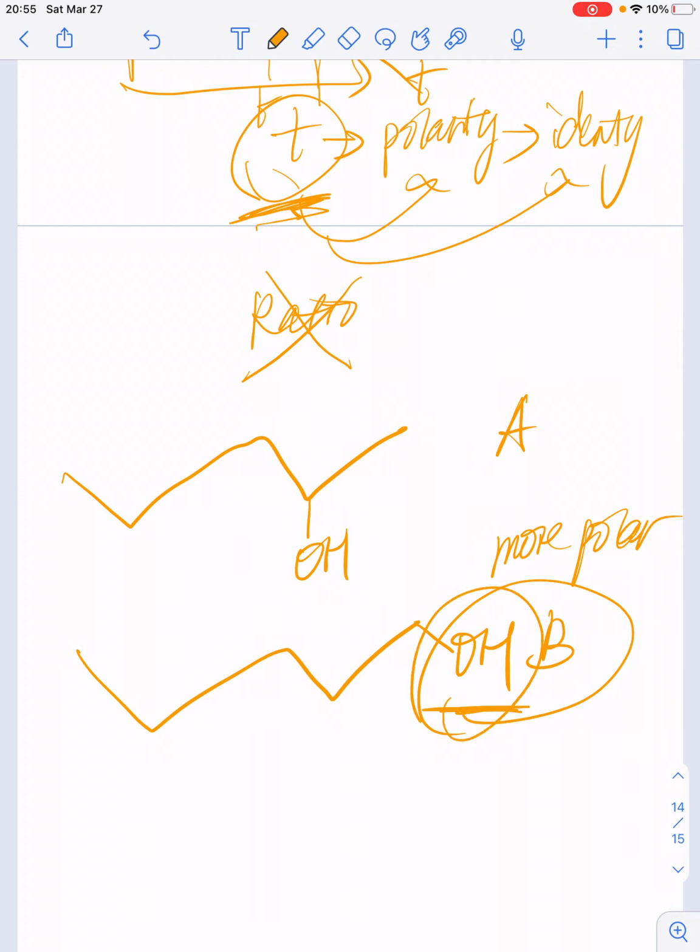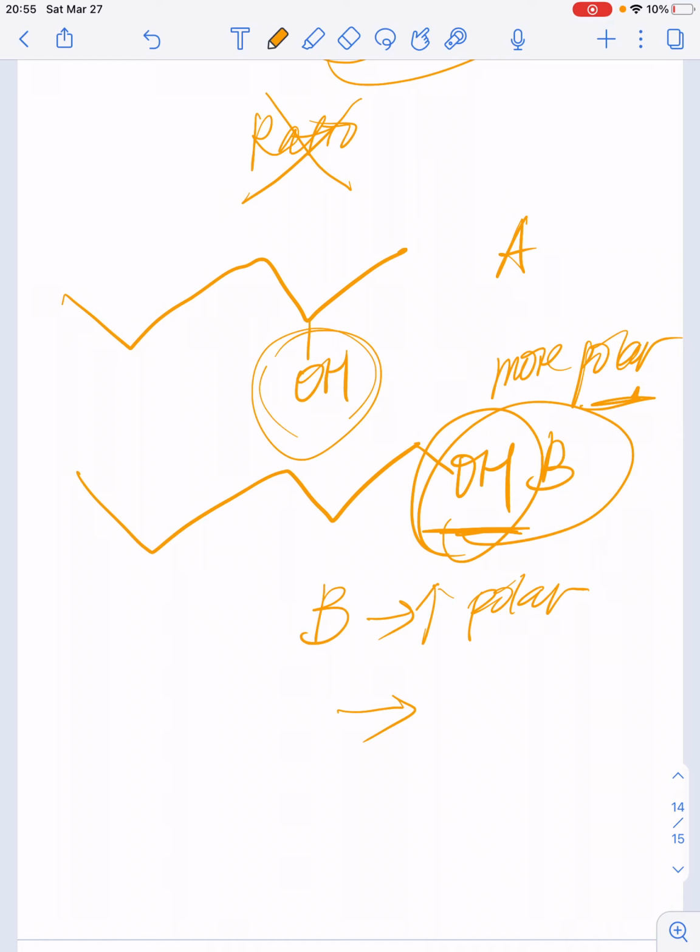Because the hydroxy group, being the very polar group, is not inside of the compound, so it has more space and chances to interact with other molecules, which will make it more polar, which also makes product B more polar. And should they have longer or shorter retention time? More polar, more interaction, and longer retention time.